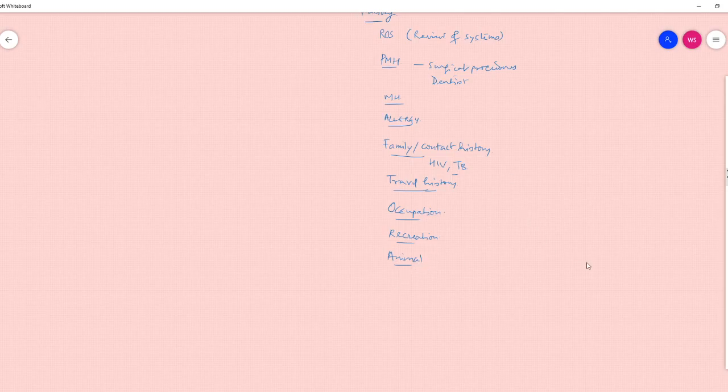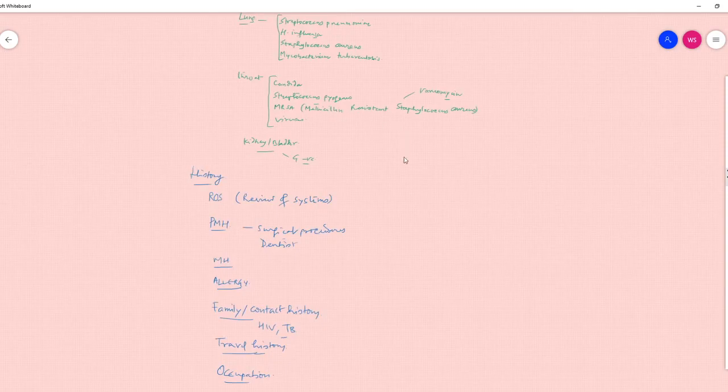Or we could ask them about lots of other things like their dietary history. Okay, whether they have consumed raw meat or raw fish, sushi, so they might have some infections connected to that.